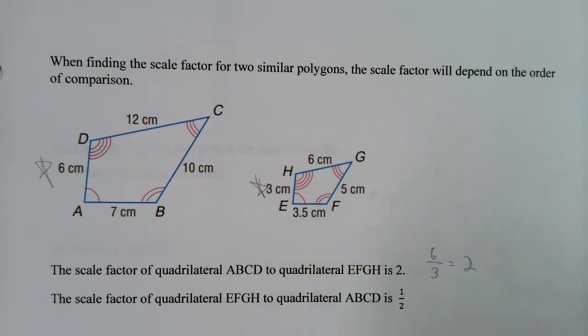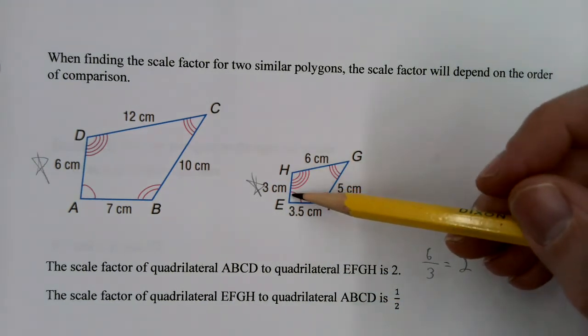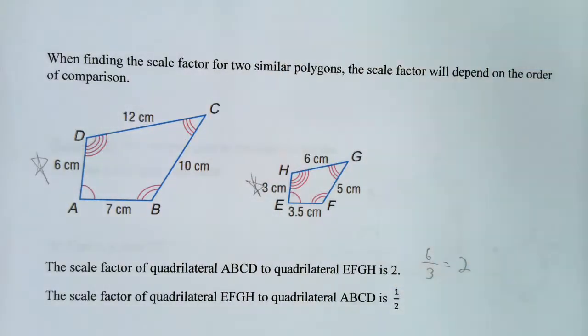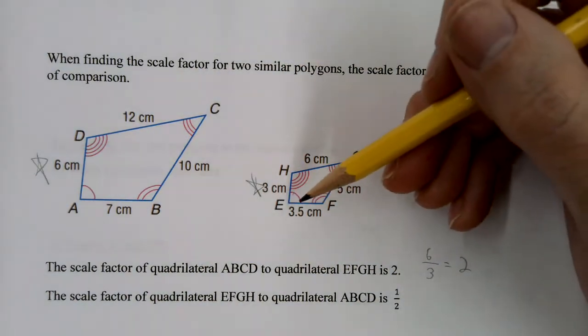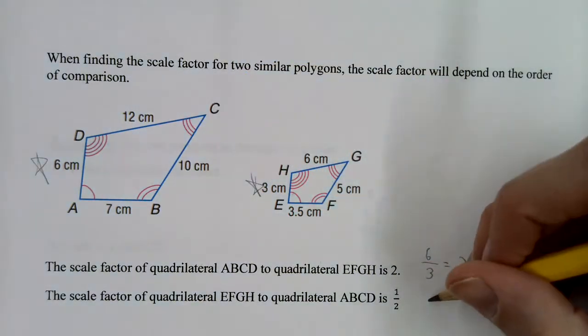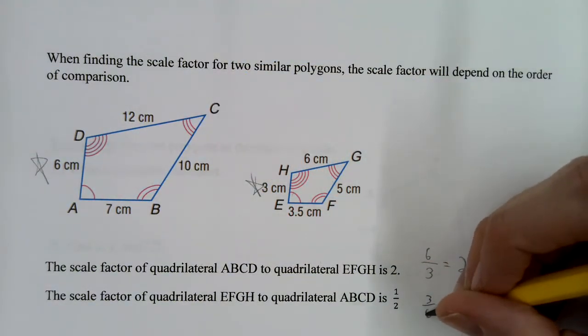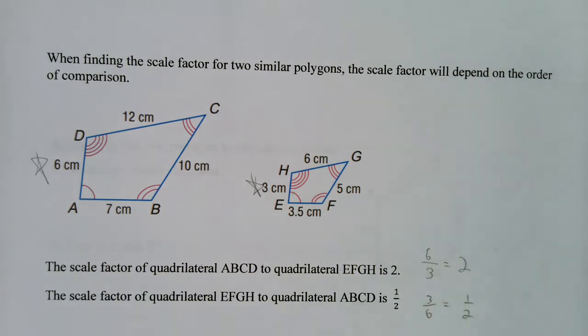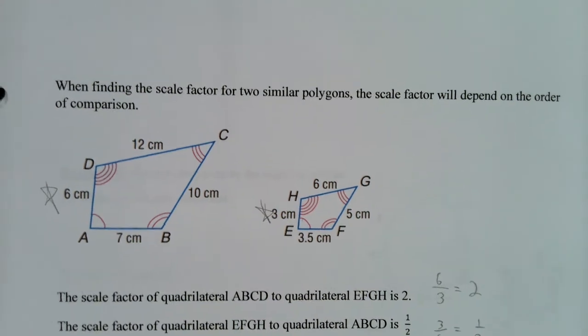But if I say, what is the scale factor of EFGH to ABCD, I'm really doing this as my numerator over that as my denominator. So you see it's 3 over 6 now, which equals 1/2. I don't really care too much about these. I probably won't ask you for that on a test or quiz, I don't think. But just keep that in mind. The order matters.